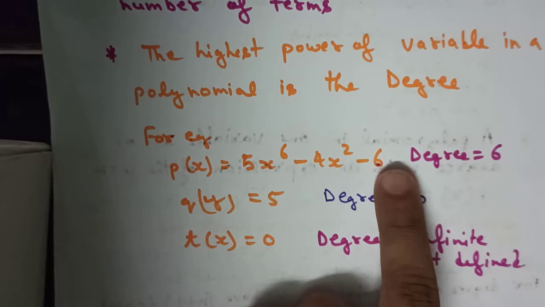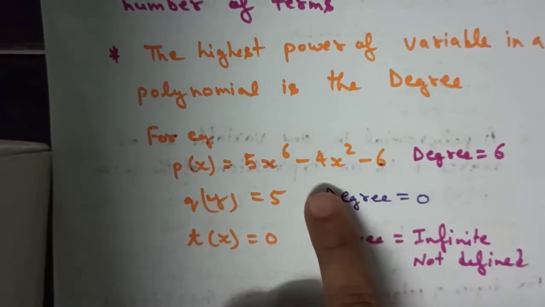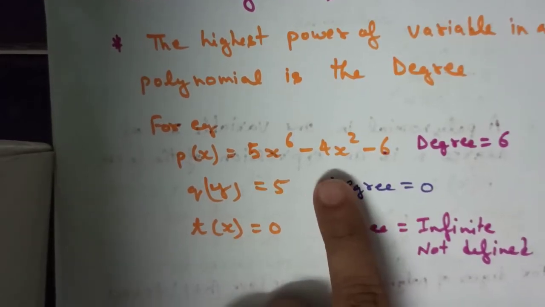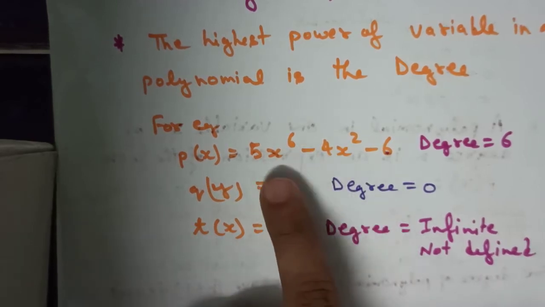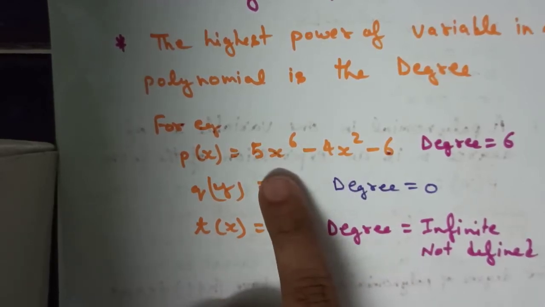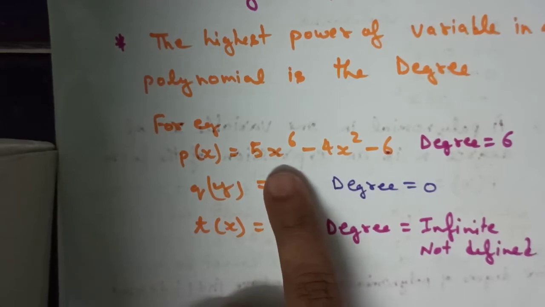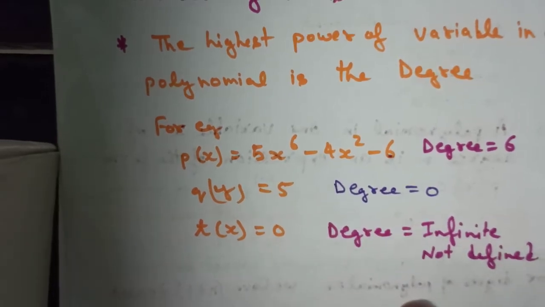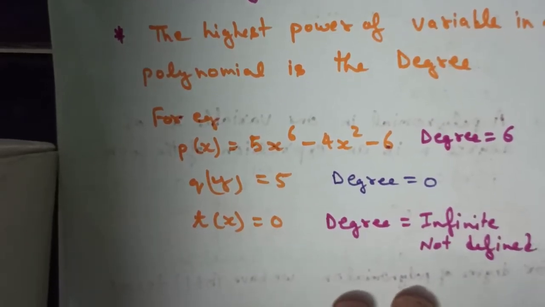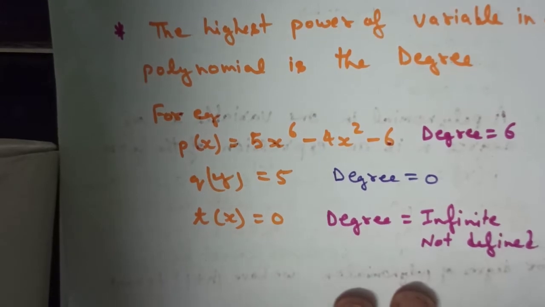The power of the variable x is 0 here. In the second term, minus 4x square, the power of the variable x is 2, and in 5x power 6, the power of the variable is 6. So what is the highest power? Highest power is 6. So we say that polynomial p(x) has degree equal to 6.